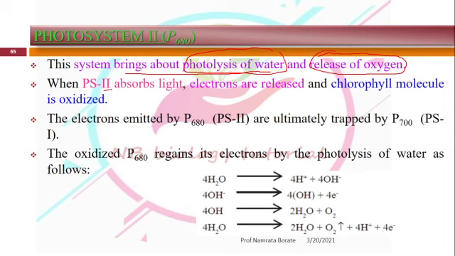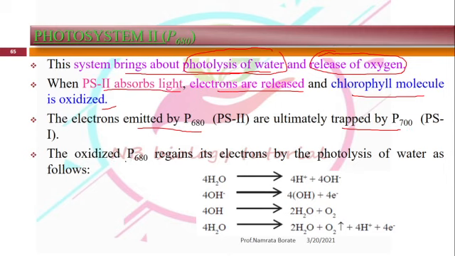When photosystem two absorbs light, electrons are released and the chlorophyll molecule is oxidized. The electron emitted by P680, that is photosystem two, is ultimately trapped by P700, which is photosystem one, PS1.